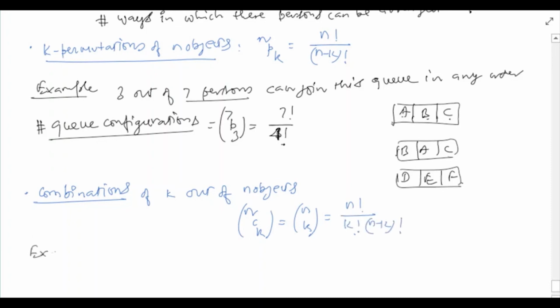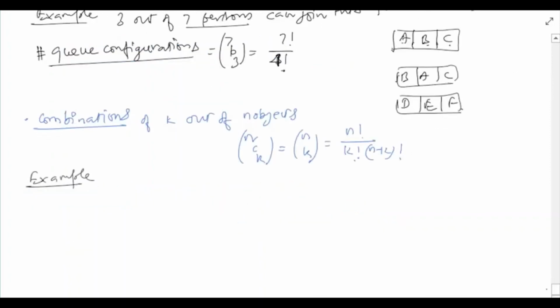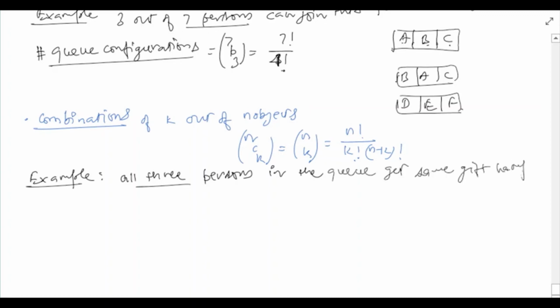For instance, in the above example, if all 3 persons in the queue get similar gift hampers, so either A, B, C may get gift hampers, or D, E, F, or A, E, F, right?